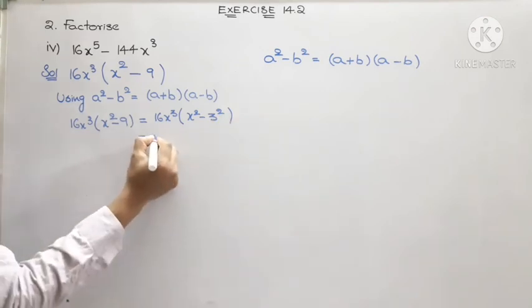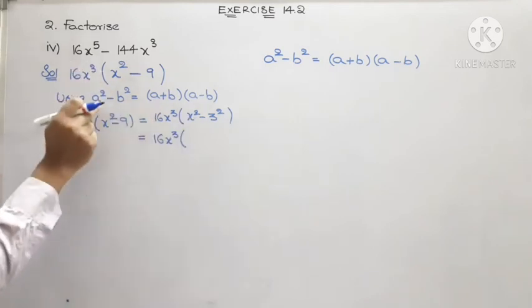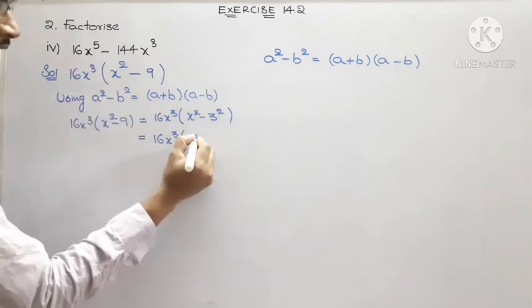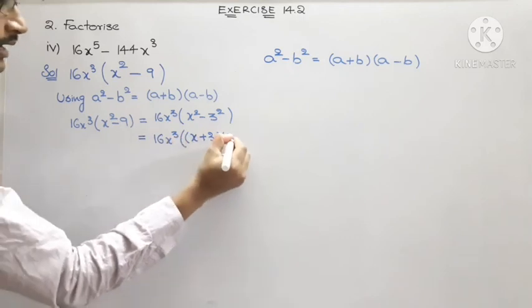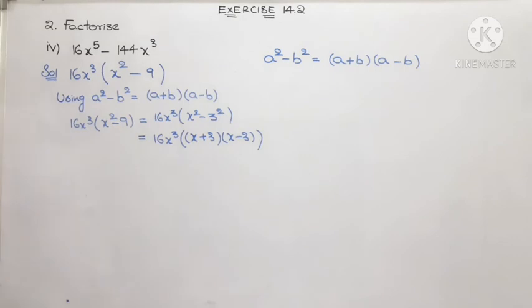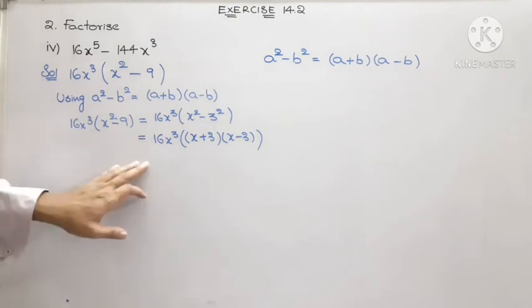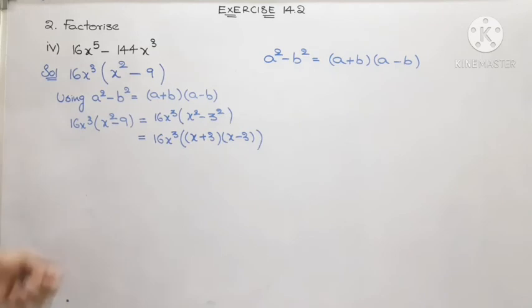This carries the form a square minus b square: x plus 3 multiplied by x minus 3. So 16x cube multiplied by x plus 3 into x minus 3 is the factorized form of 16x power 5 minus 144x cube. Hope you are following, children.